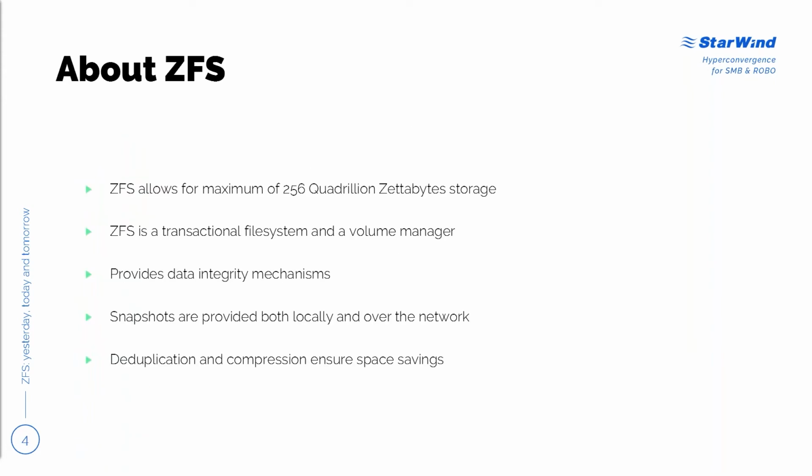So what's ZFS about? Zettabyte File System, or simply ZFS, is a 128-bit file system, which is much more than the common 64-bit file system. It allows for storing data of a maximum of 256 quadrillion zettabytes, and that's some good headroom for the future.